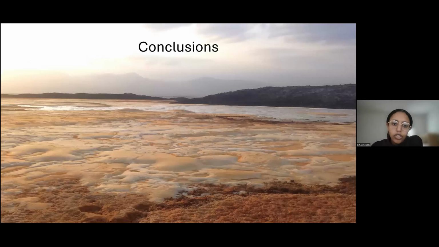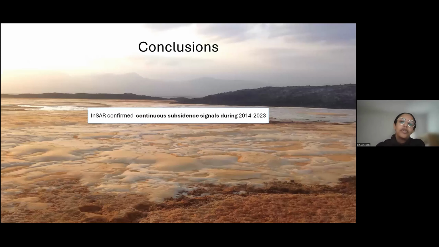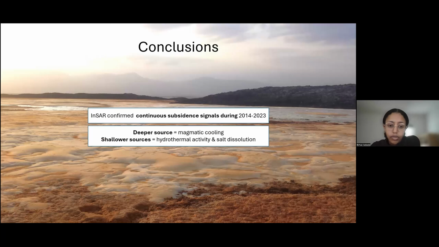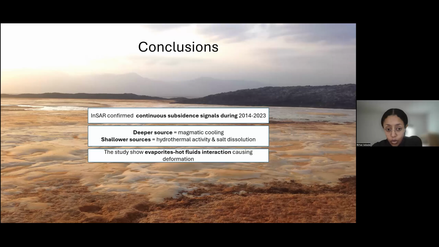So in conclusion, this study confirmed the continuity of subsurface subsidence in Dallol, especially between 2014 and 2023, where the deeper source is caused by magmatic pooling and the shallow sources are caused by hydrothermal activities and salt dissolution.